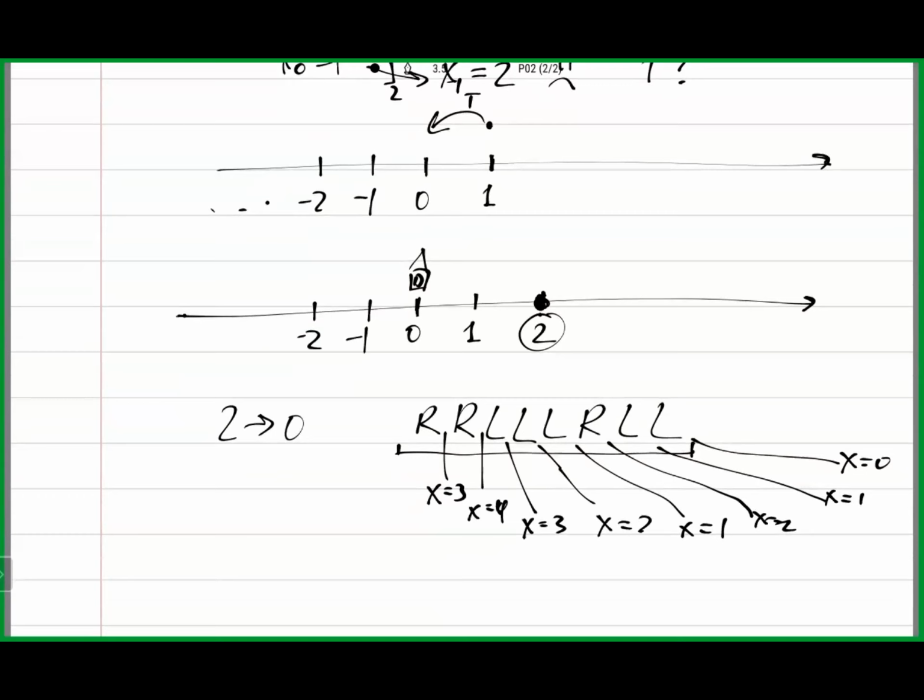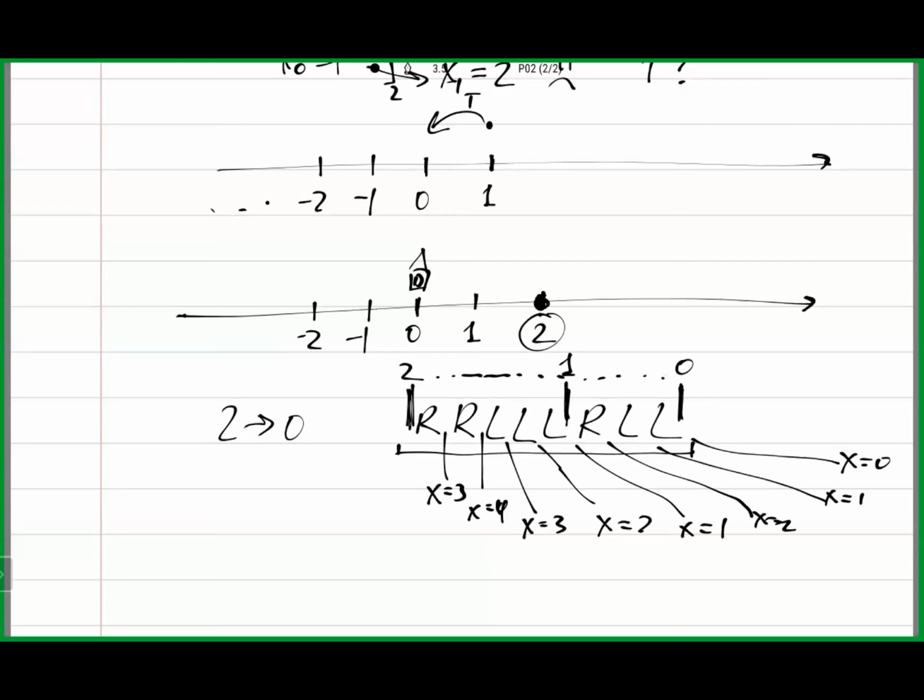And I may find basically two segments on this way. First you go from 2 to 1 for the first time, and then you go from 1 to 0 for the first time.